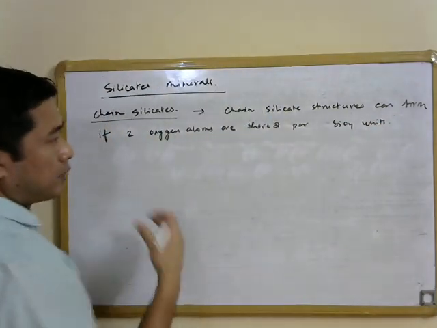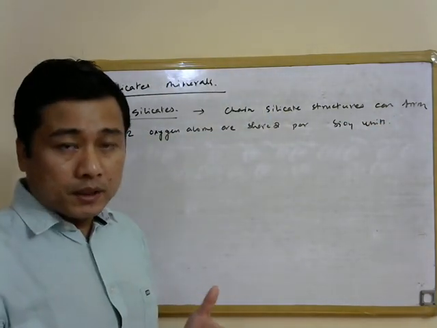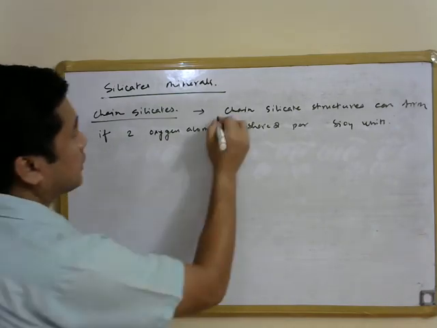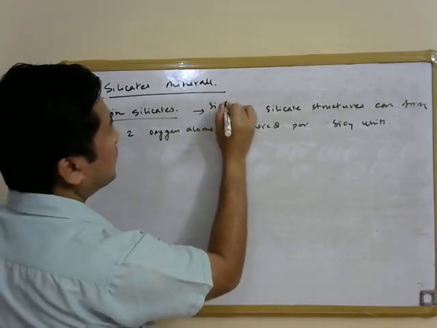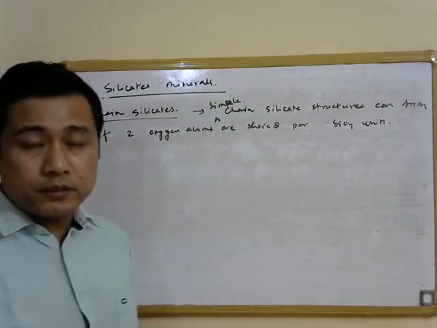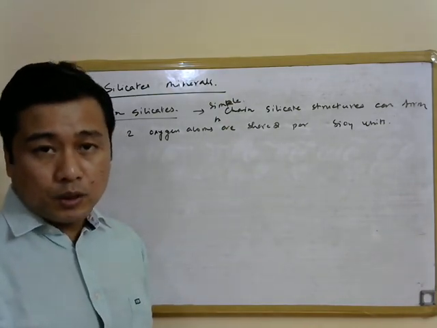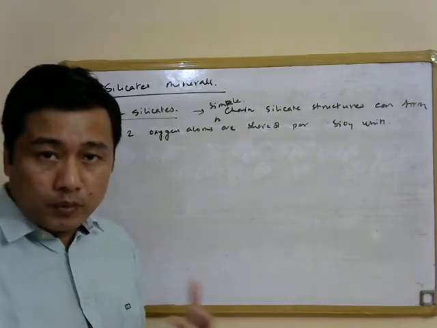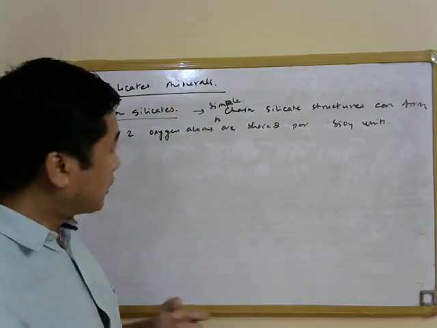And that is why the formula of such simple chain silicates, let us call them simple chain silicates, because we also have other types of complex chain silicates as well. We will discuss them later.